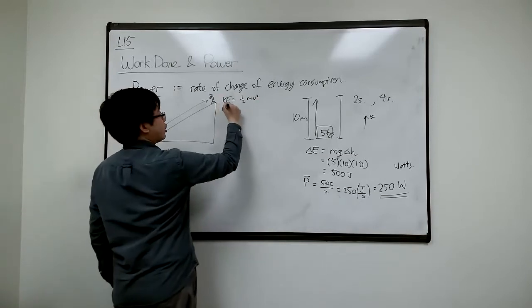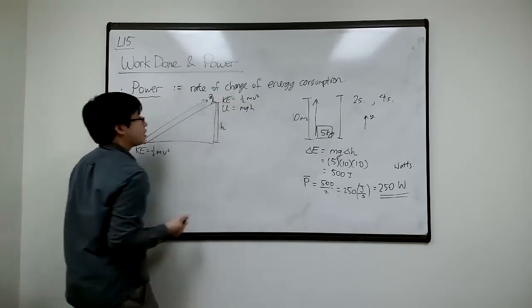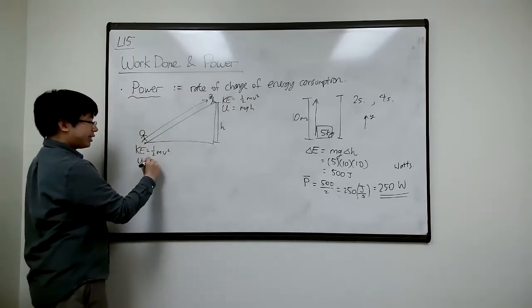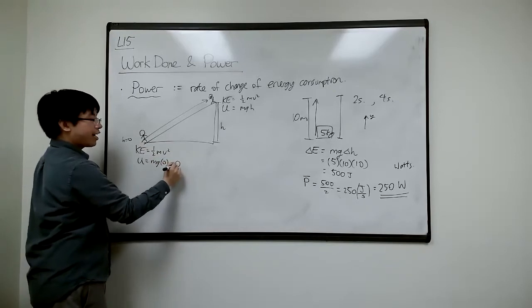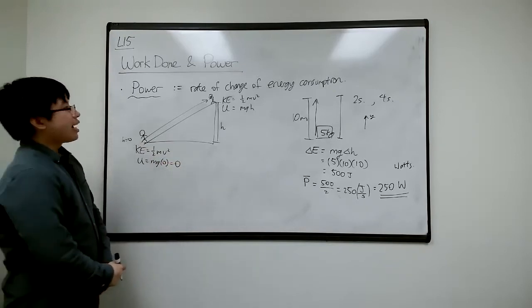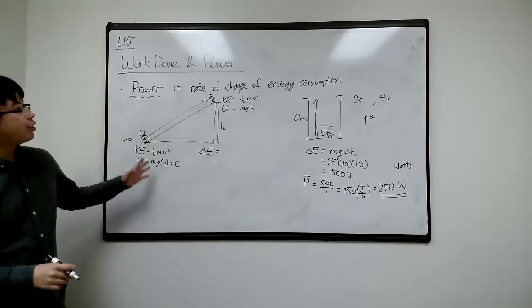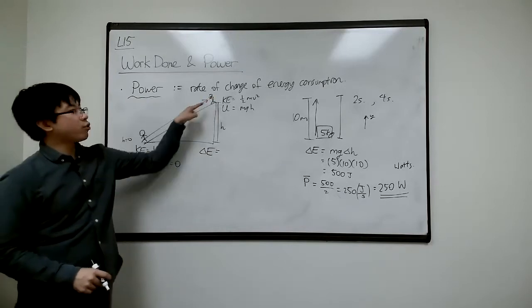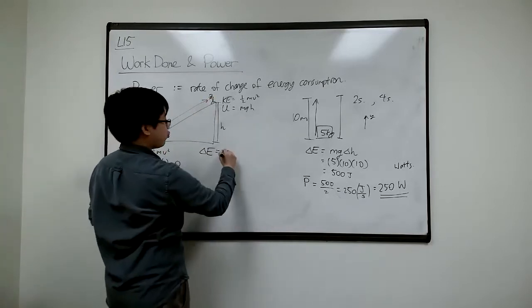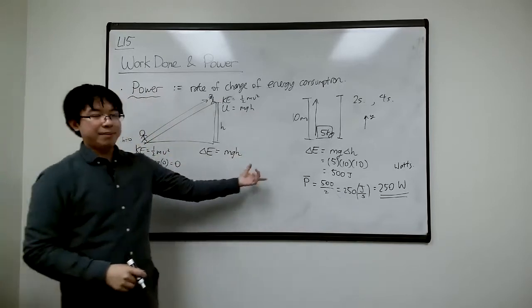Here, the U is mgh, and here I'm going to set U as 0. The kinetic energy has no change, so the total change in energy is really just mgh, and you get exactly the same answer.